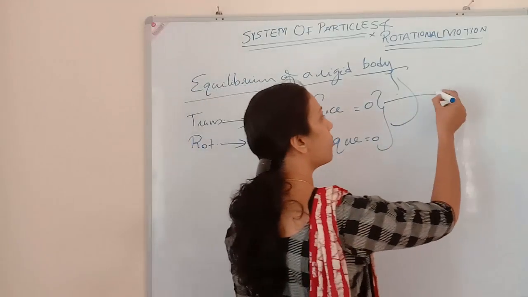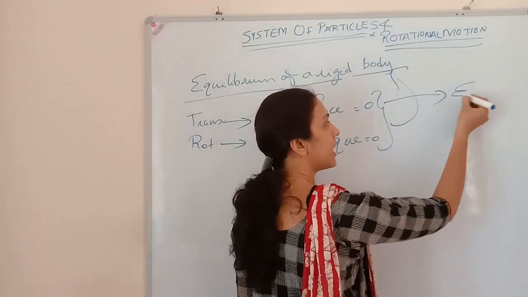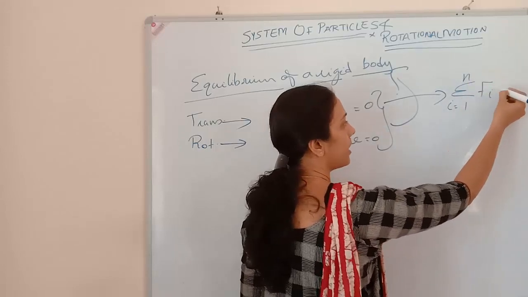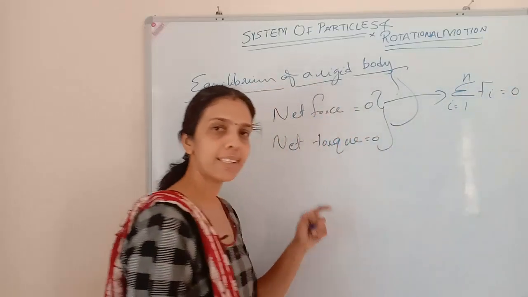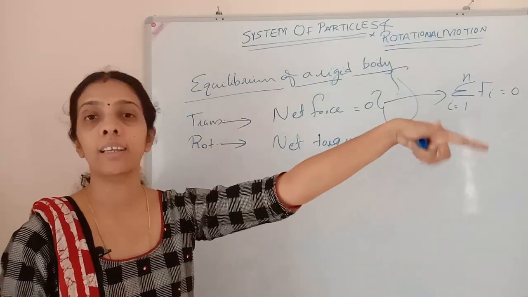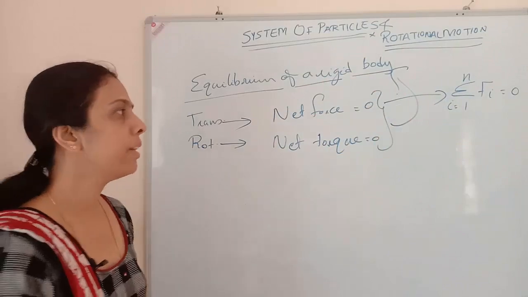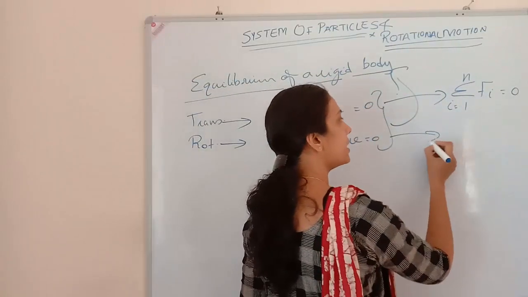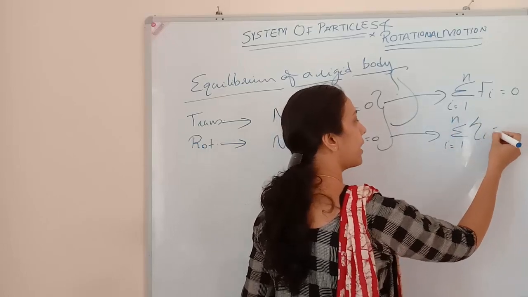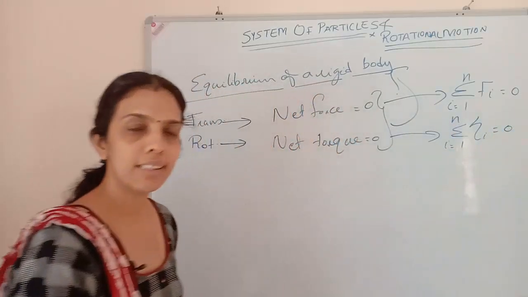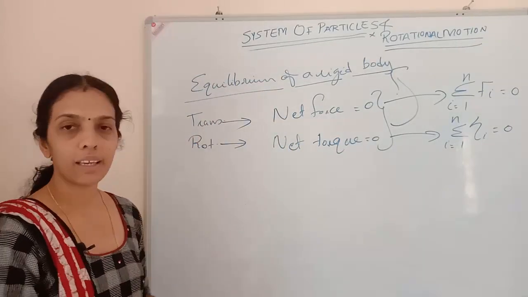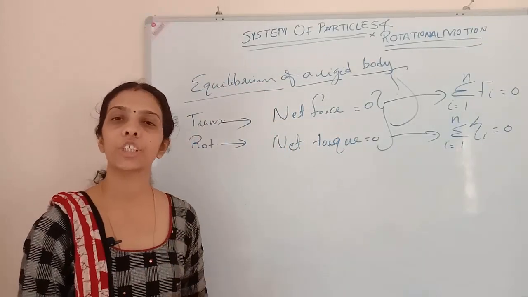How can we write the net force as an equation? Sigma i equals 1 to n, Fi is equal to 0, that is F1 plus F2 plus F3 plus and so on up to Fn is equal to 0. Similarly, sigma i equals 1 to n, tau i equals 0, then we can say this object will be in rotational equilibrium.